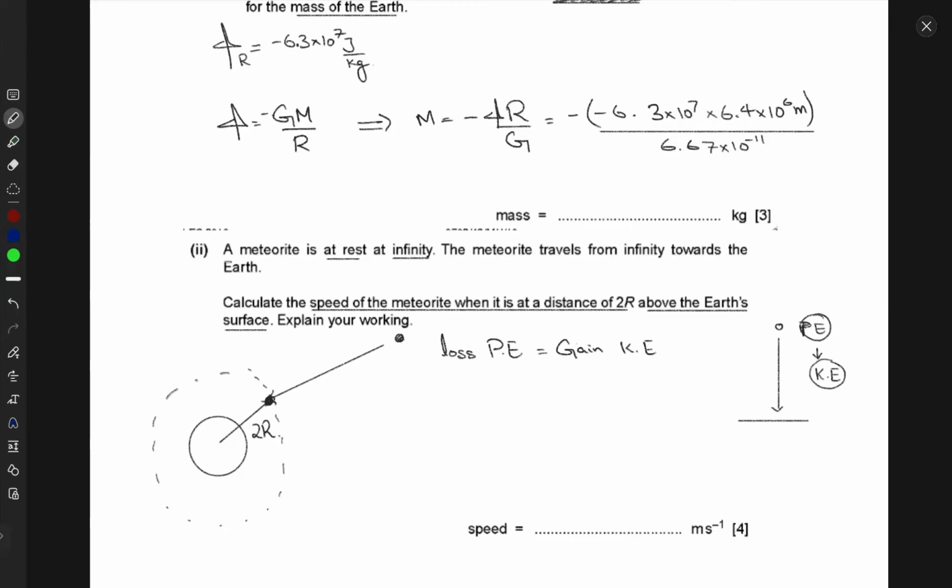We can do this simply by having half mv squared, that's the kinetic energy, and the potential energy is just the potential times the mass. Or you can write it as minus GMm by r, but this minus GM by r is just the potential function, so it is just phi.